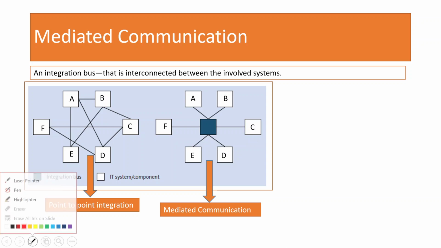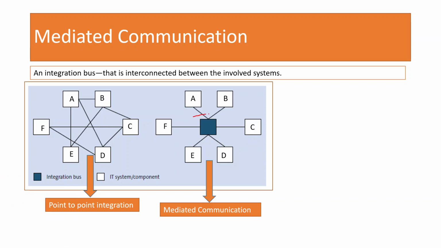Whatever you see in this blue box is called the integration bus. If you relate the difference between these two diagrams, here there are a lot of connections and it is very difficult to analyze an issue. Here it is very simple: only one connection between each application and the integration bus. A, B, C, D, E, F are different applications.